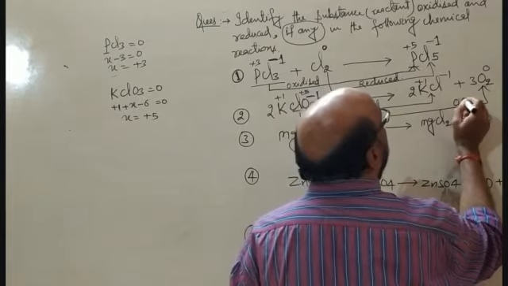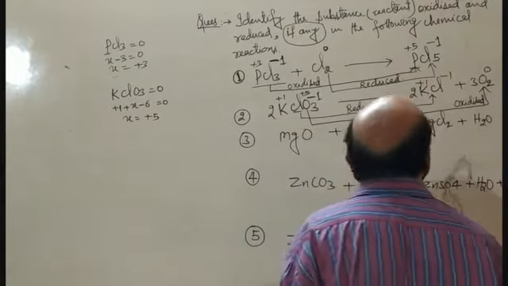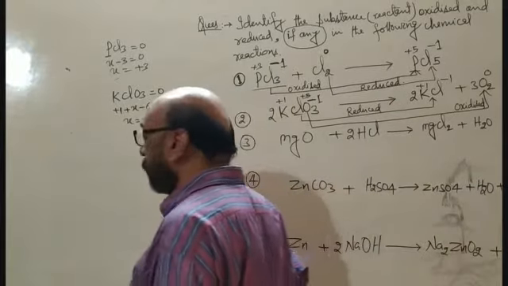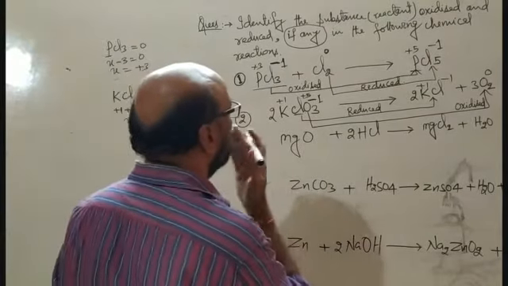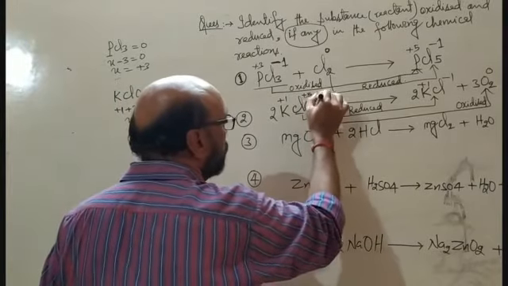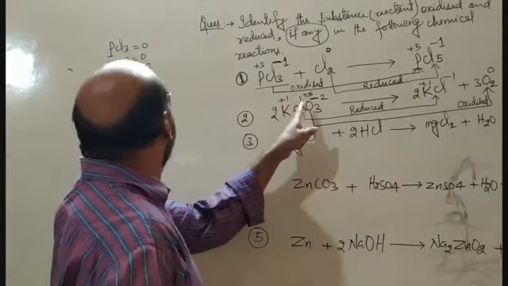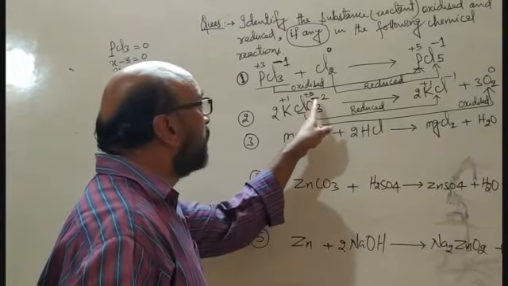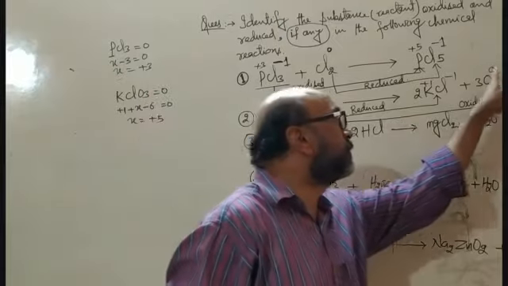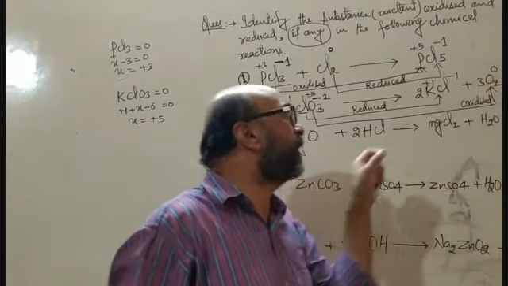is oxidized to form oxygen, because the oxidation state of oxygen is changed from minus 2 to 0. Increase in oxidation state of oxygen takes place.